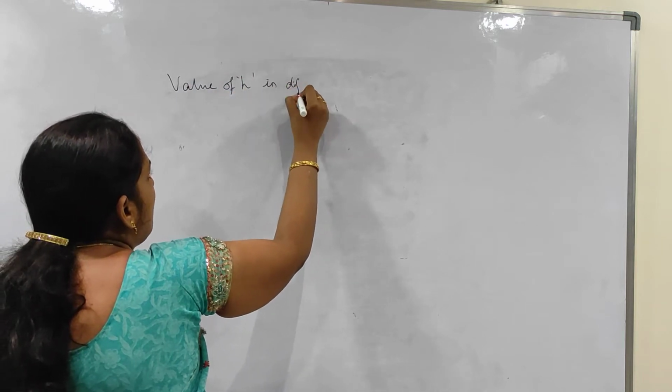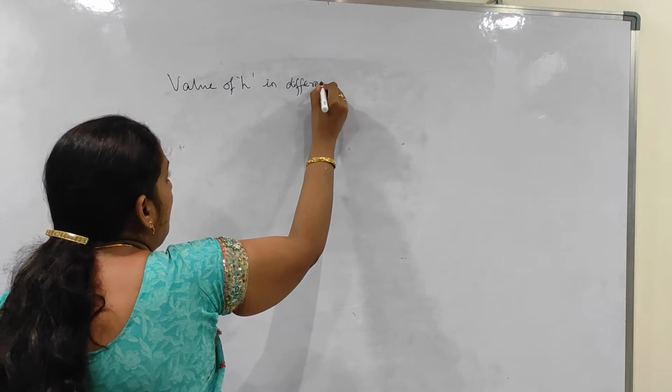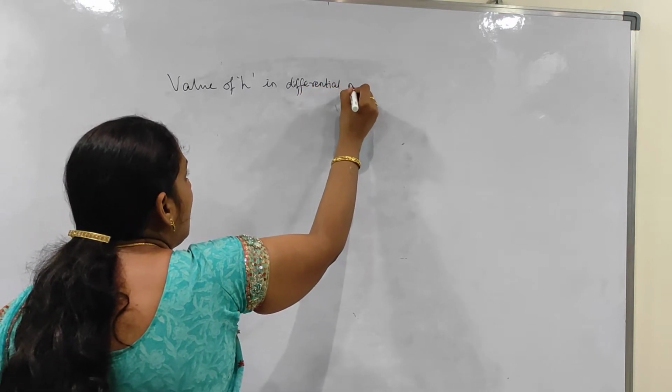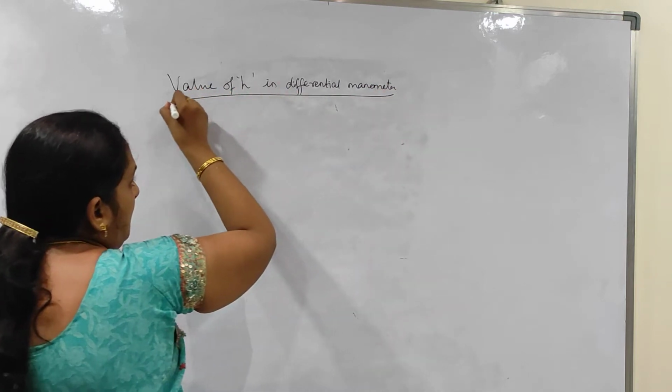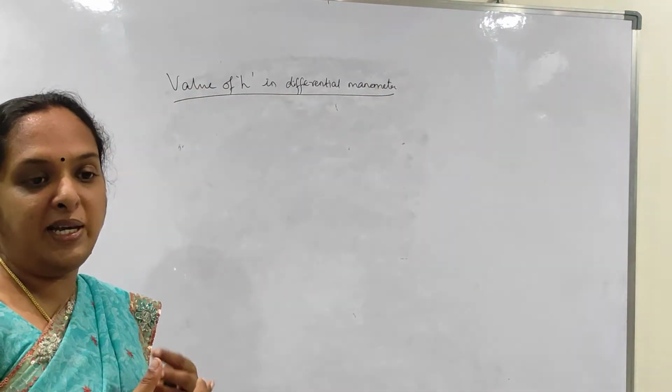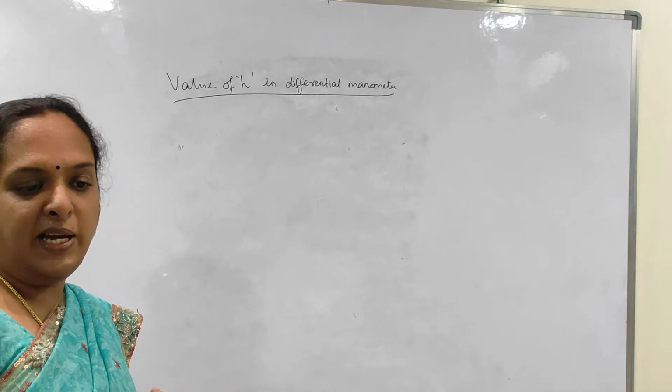Why? Because the differential manometer can have a heavy liquid or a light liquid to measure the pressure. So there can be two cases, heavy liquid as well as light liquid.